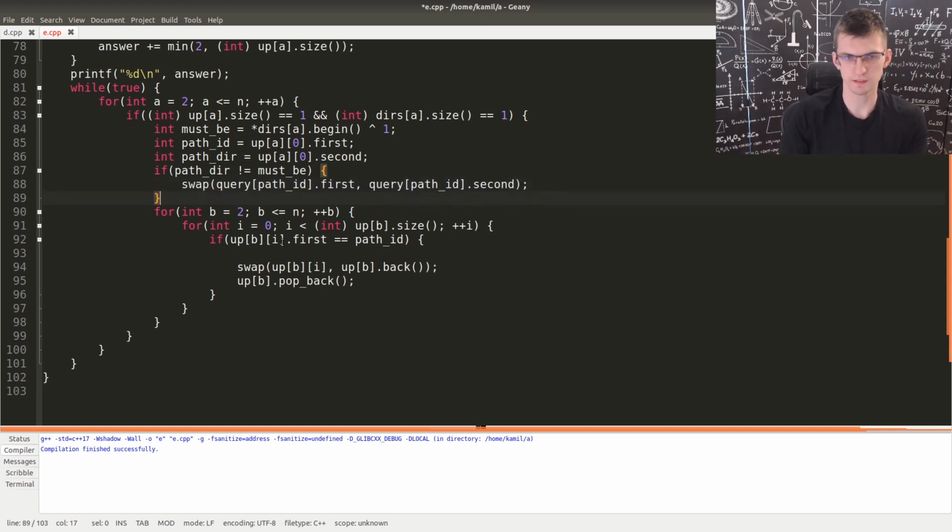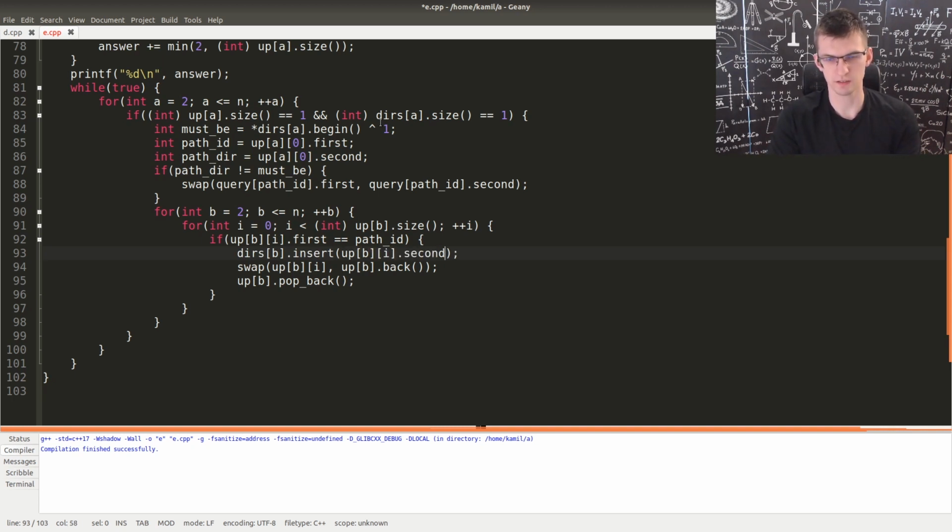Okay, that. And here we insert something to tiers of B. But what exactly? Up of B of I second, XOR, tier XOR must be. I think it will be this. Brackets are unnecessary.